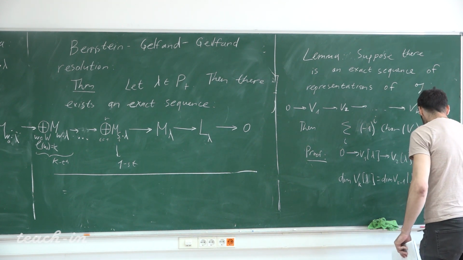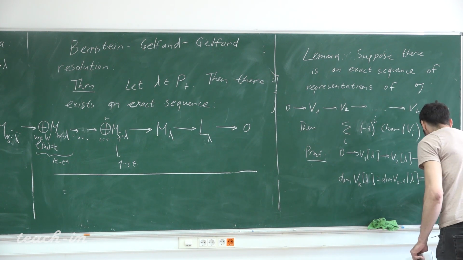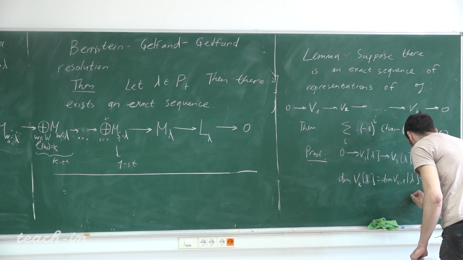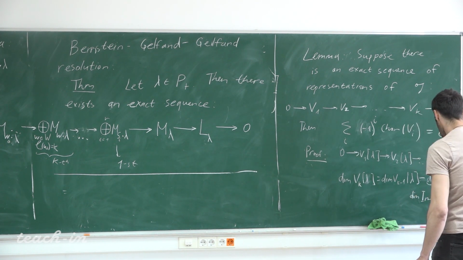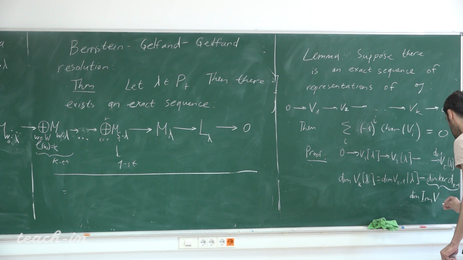So this thing I can now rewrite as the dimension of the image of V(k minus 2). This is just because the sequence is exact. The kernel equals the image.